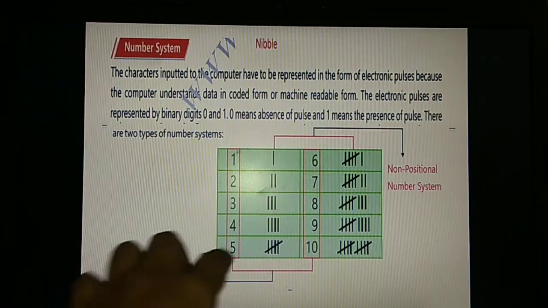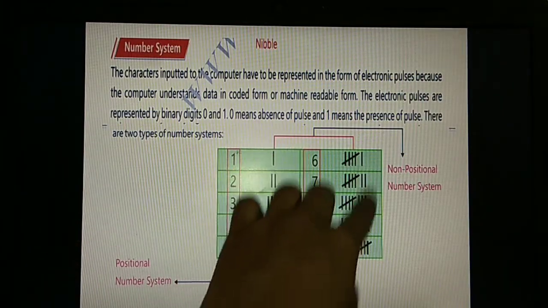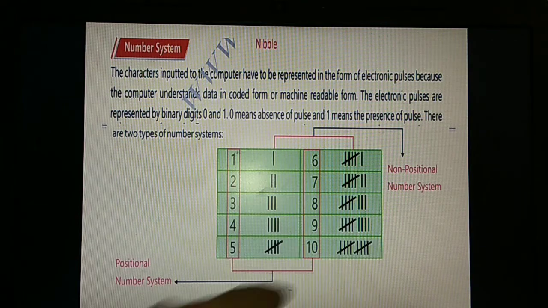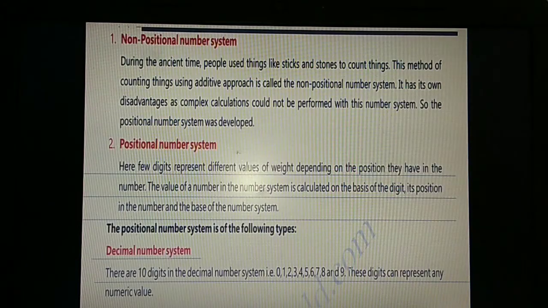You can see over here, it consists of sticks. Sticks type. It was called the non-positional number system. It has its own disadvantage, as complex calculations could not be performed with this number system.